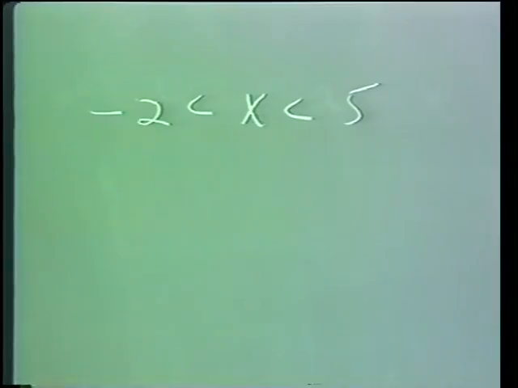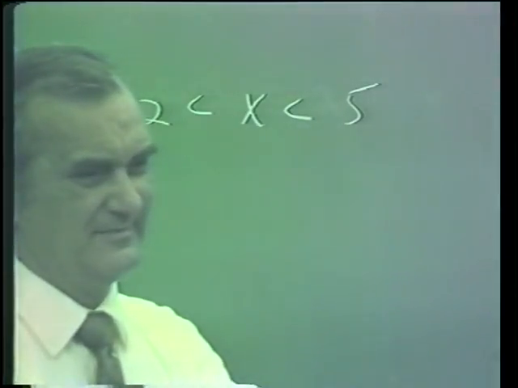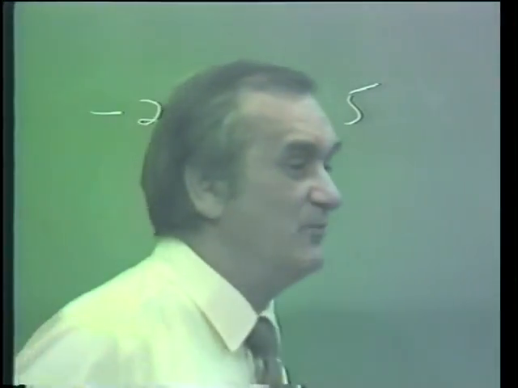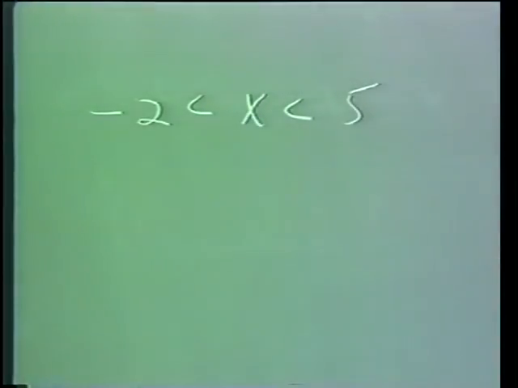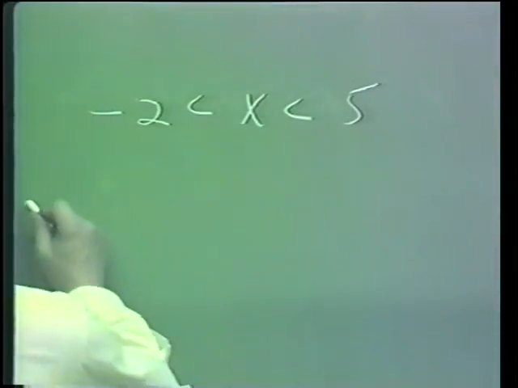Help. Someone. Not many someones here. Hey, what did that tell you about x? X has a value between. That's the magic word. Between. X is between -2 and 5.